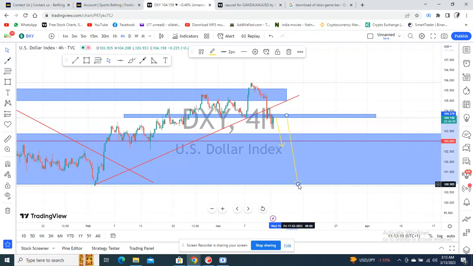This is telling us that the dollar is currently weak, so expect EUR/USD to keep buying, gold to keep buying for now, Bitcoin to keep buying, and some cryptocurrencies to keep buying, GBP/USD keep buying, and NZD/USD to keep buying.